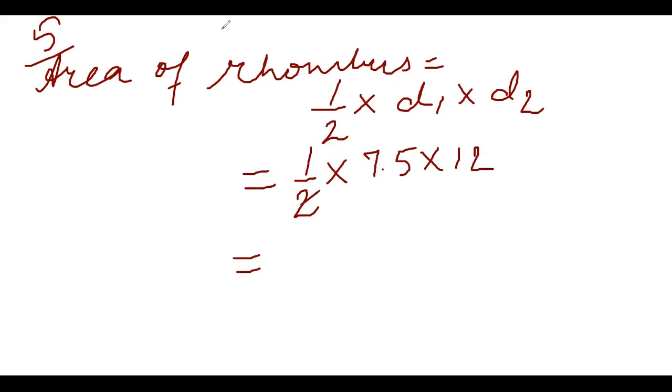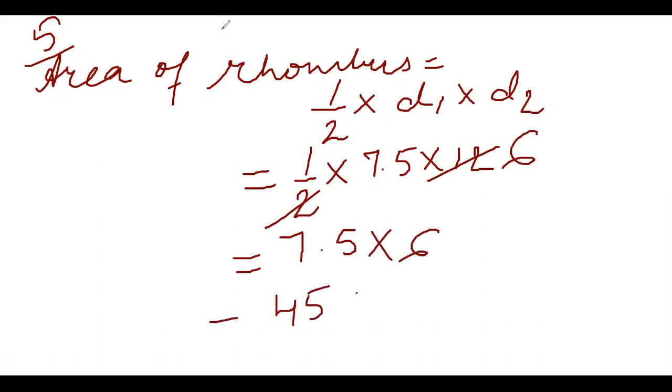Cancel it. 6 multiply 7.5 into 6 is equal to 45 centimeter square. This is the area of rhombus. Use the formula when the diagonals are given, then the formula is half into diagonal 1 into diagonal 2. Okay.